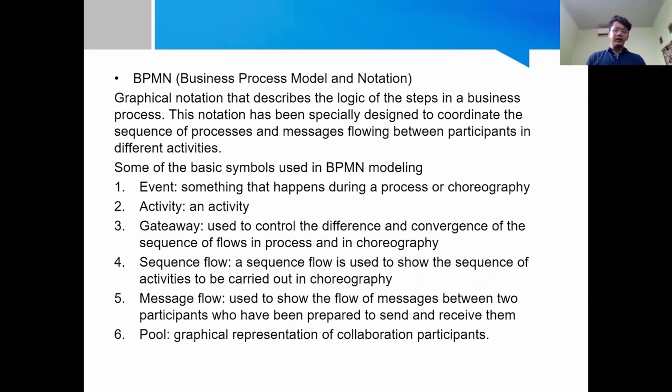A sequence flow is used to show the sequence of activities to be carried out in the choreography. Number five, message flow, used to show the flow of messages between two participants who have been prepared to receive them. Number six, pool, graphical representation of a collaboration participant.